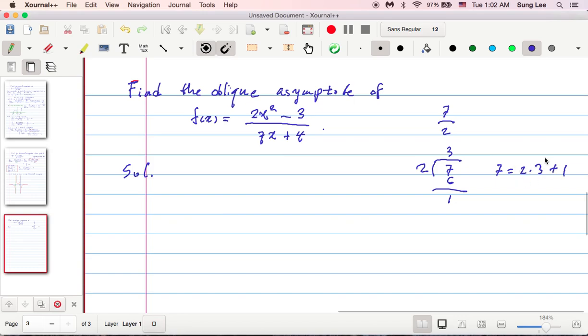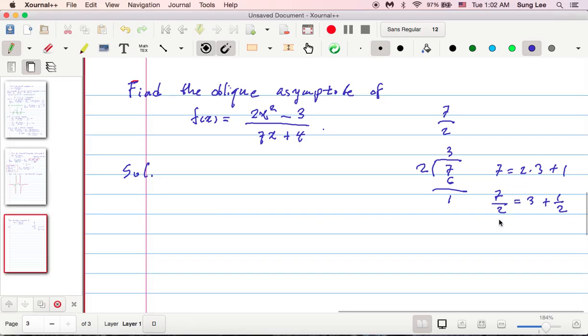Divisor times quotient plus remainder. So 7 over 2 equals 3, that's the quotient, plus 1 over 2.